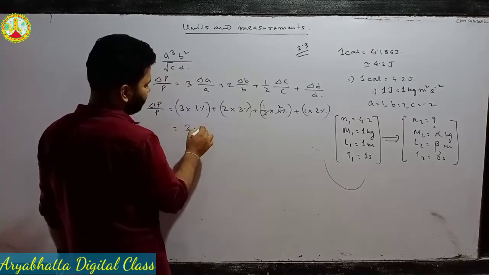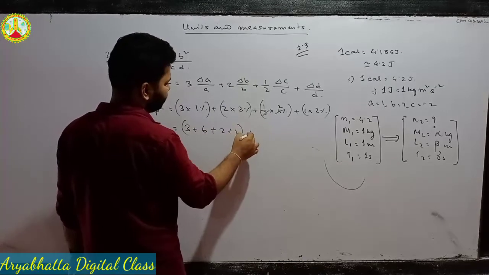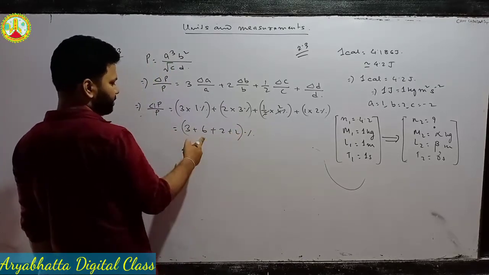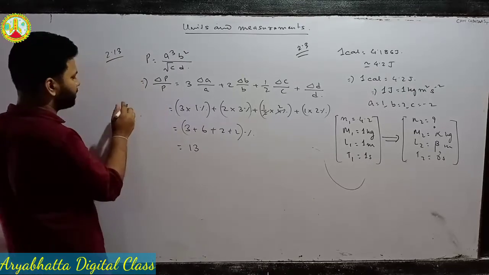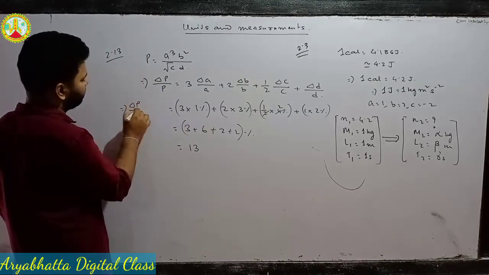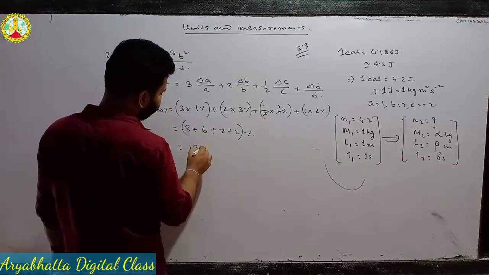So 3 plus 6 plus 2 plus 2, 3 plus 9, 9 plus 4, 13. So here you mention percentage error, delta P by P into 100%. So the percentage error will be 13%.